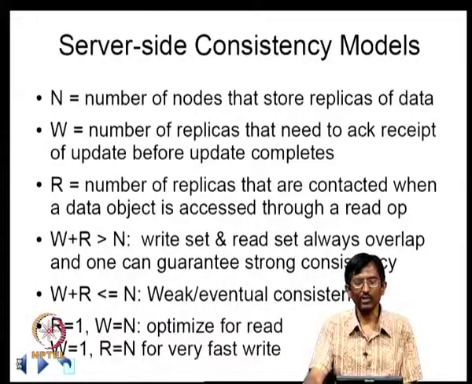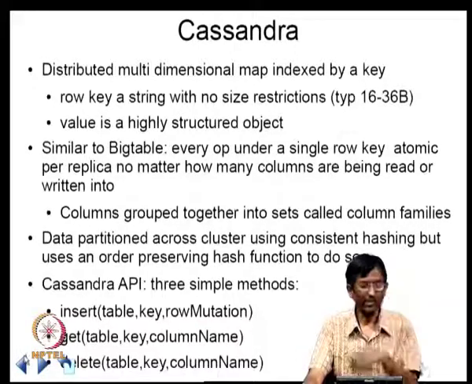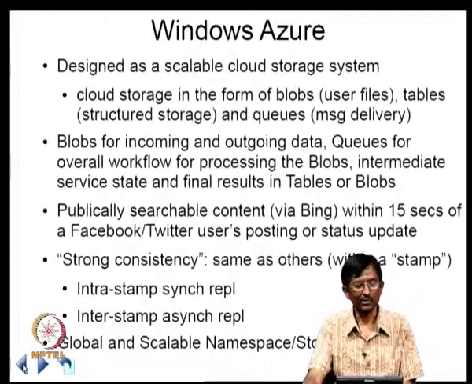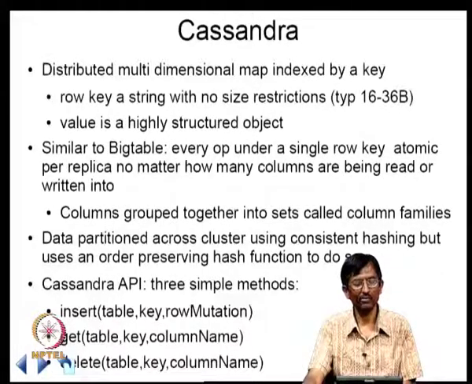So let's briefly look at what we have seen so far. We looked at GFS, we briefly looked at Yahoo's PNUTS. We also very briefly looked at Windows Azure, and then again very briefly at Cassandra.